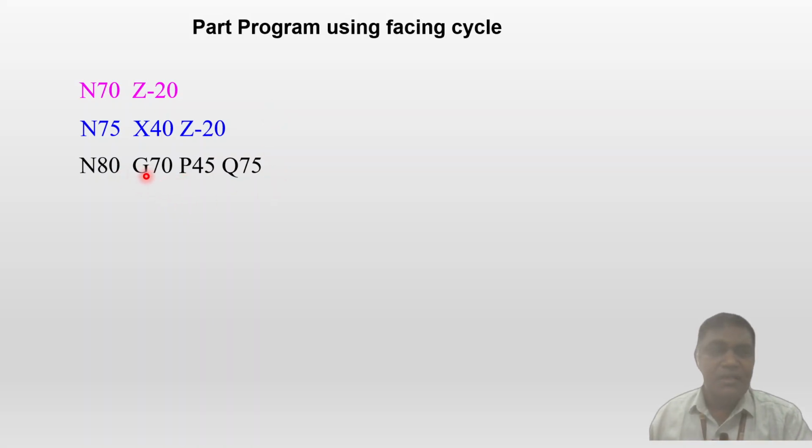Then coming to the finishing, G70 indicates the finishing. G70 again with P45 Q75: whatever amount is left over will be removed in this finishing cycle. Once the finishing cycle is completed, send the tool back to the starting point, X176 Z2.